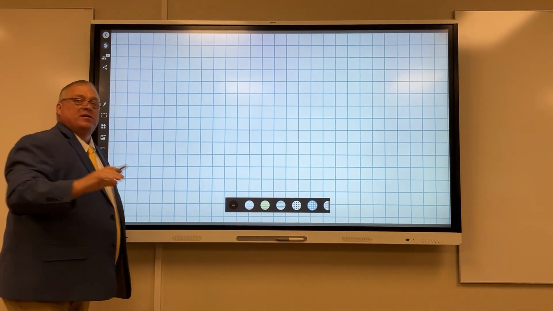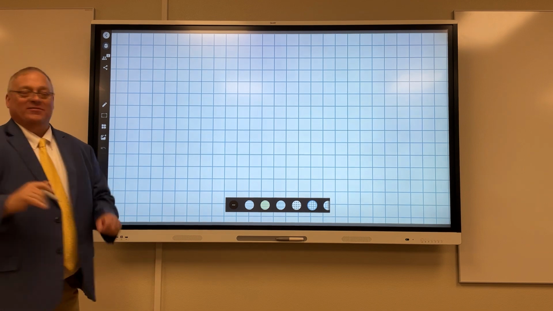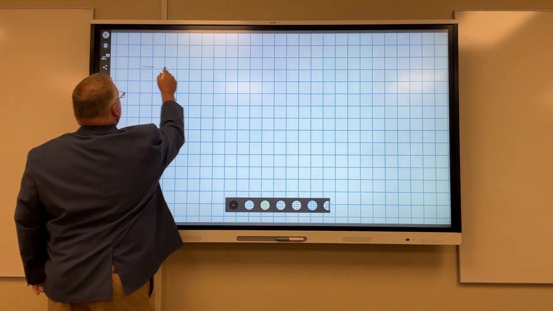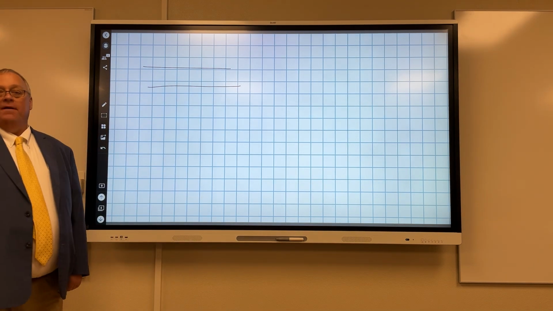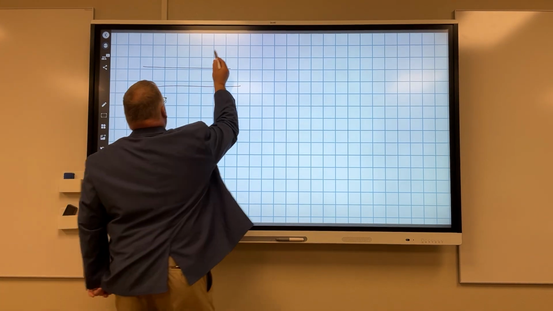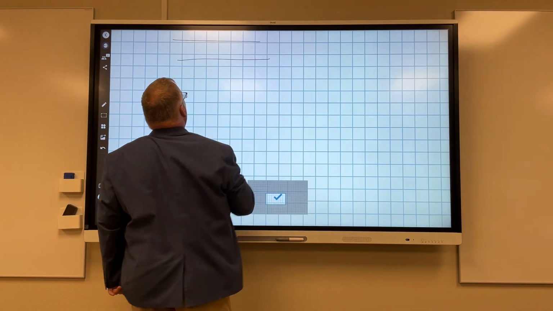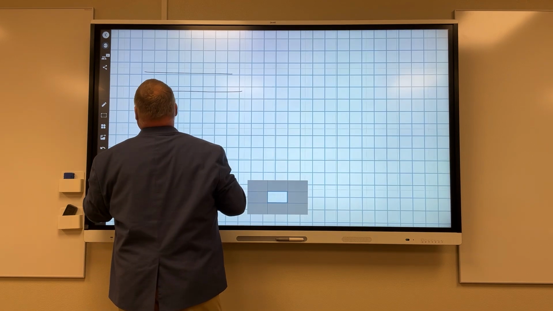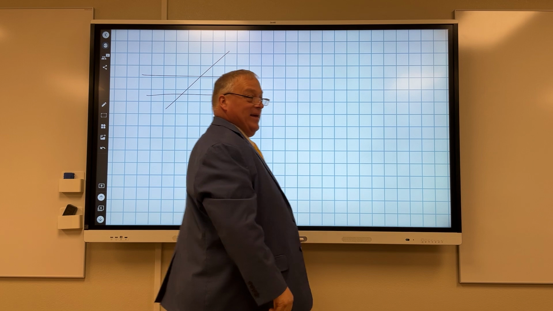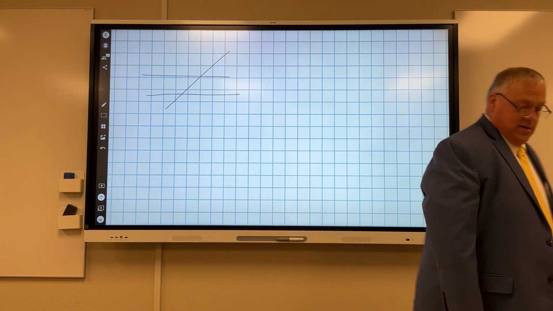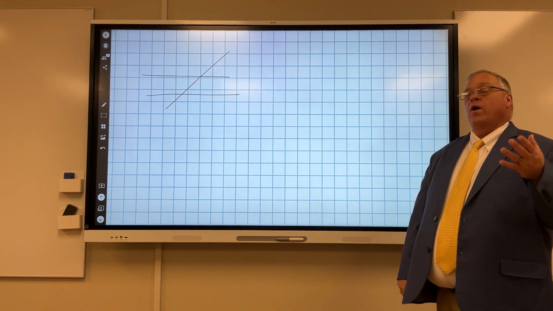Now, use your imagination on this next drawing, okay? I've got two parallel lines, bisected by a line like that. Oh, that just looked like something from Hawaii 5-0, right? Now, what do I have here?